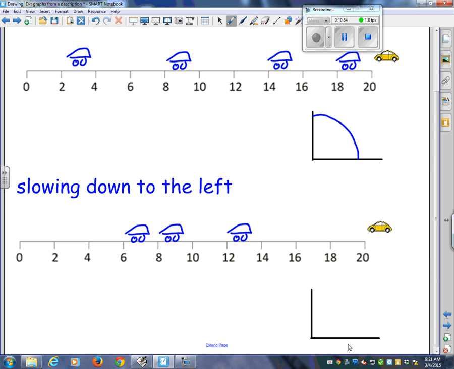And slowing down means slope getting flatter. So what's that going to look like? The opposite of that? Give yourself or your neighbor a congratulations if you got that right.